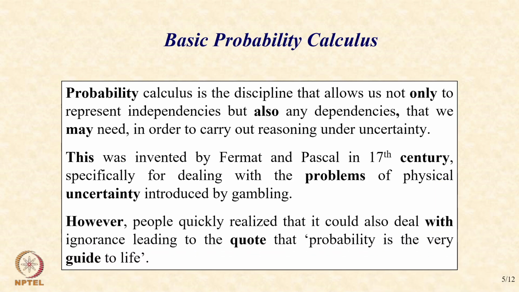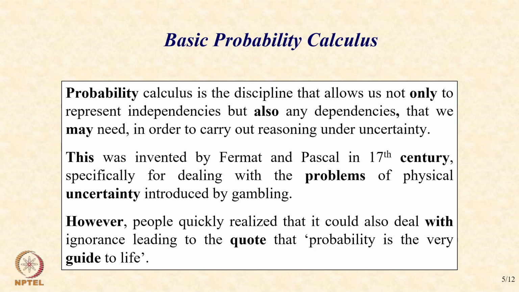Of course, people quickly realized that the same probability calculus could also deal with ignorance. You remember I mentioned three components of uncertainty, the first one being our ignorance. Then of course, others were that even if we know, we cannot reduce uncertainty below a certain level.